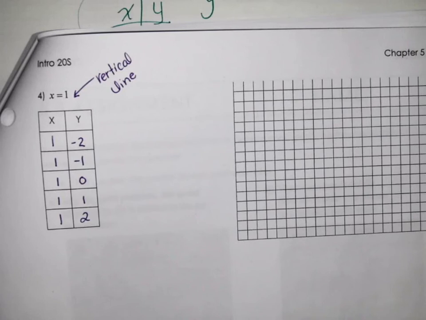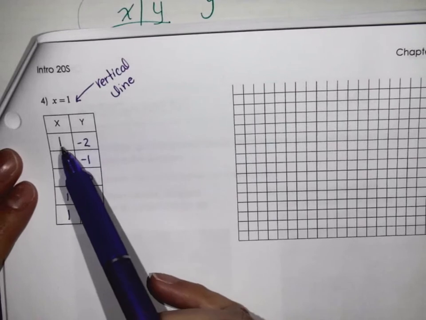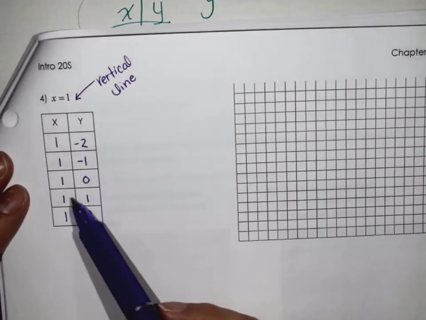Because you'd need to put that on the graph. Should I just do all 0? No. Because then you'd only have a single point, and one single point is not enough to graph, right? You've got to have multiple points. So these are all unique points.